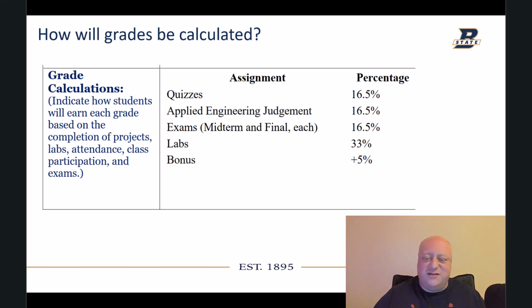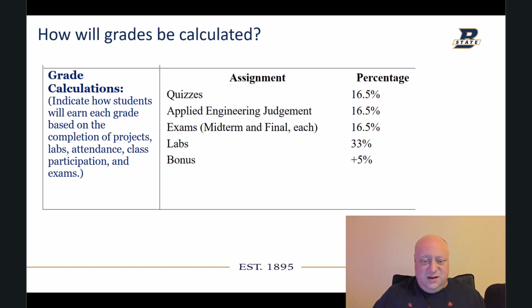So we're going to try something a little bit different. I think it might be small problem solving or case studies and stuff like that, where we talk about how we're applying engineering and how we use judgment. So those are 16.5% each, and then of course the midterm and final each.